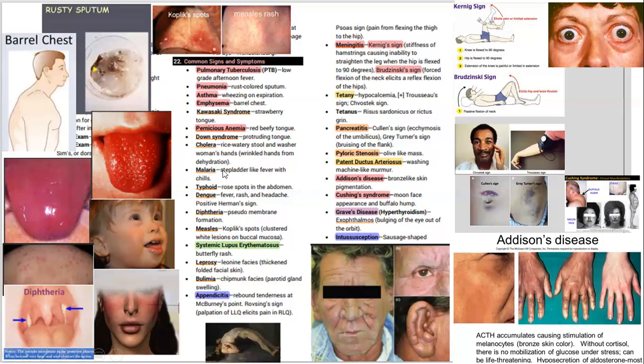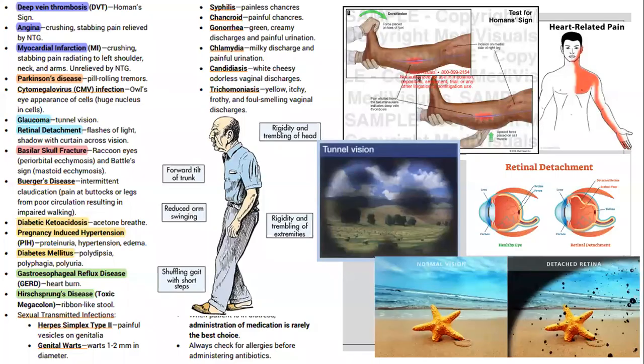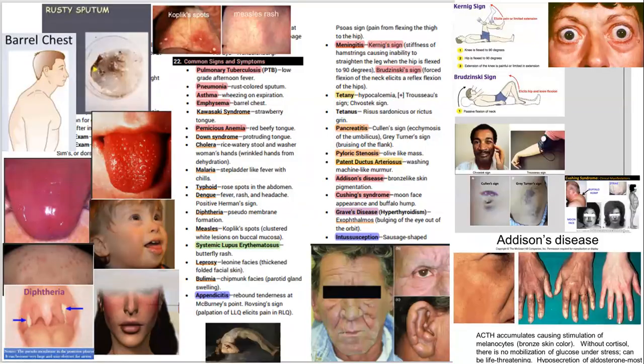With malaria, the nature of the fever is called stepladder-like fever with chills. Malaria is a mosquito-borne parasitic disease, and this causes high fever or severe chills and sweating.